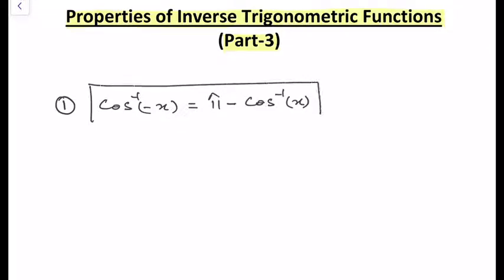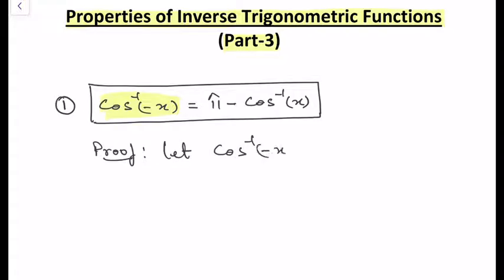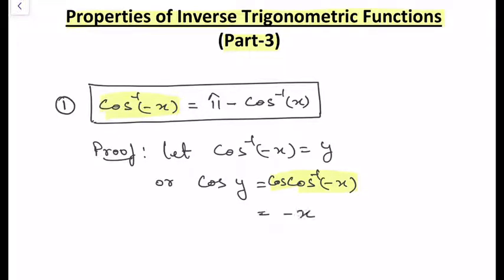To prove this, let cos inverse minus x be equal to y, or y is equal to cos inverse minus x. Now take cos on both sides. Then cos of cos inverse minus x will be minus x, because cos cos inverse theta is theta. So cos y is equal to minus x, or minus cos y is equal to x.